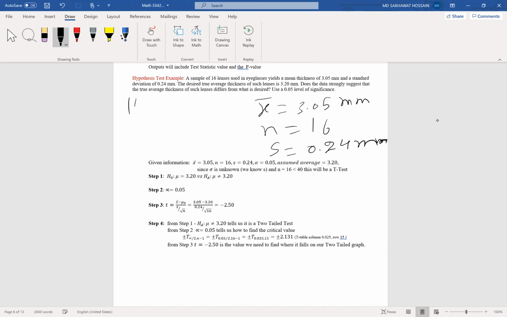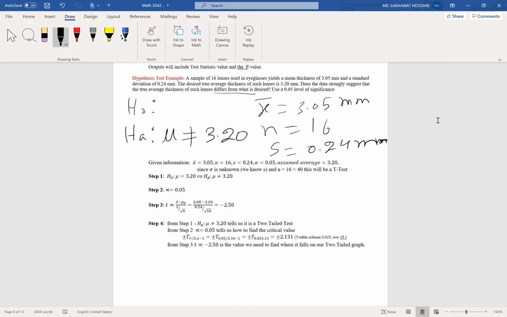So now we'll determine our null hypothesis. What we want to test here is whether the data strongly suggest that the true average thickness of such lenses differs from what is desired. So we want to test whether mu is different from the desired average, which is 3.20, right?